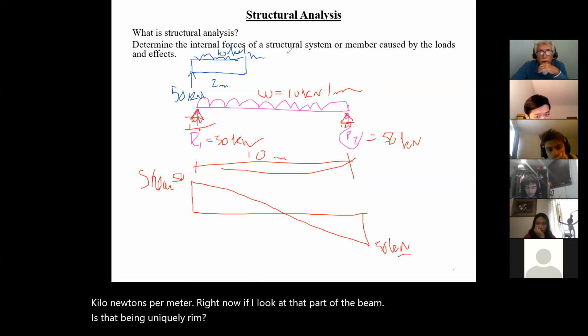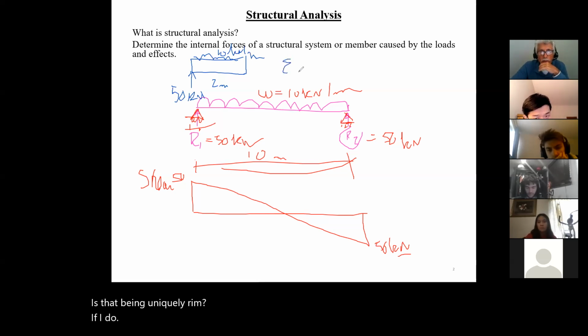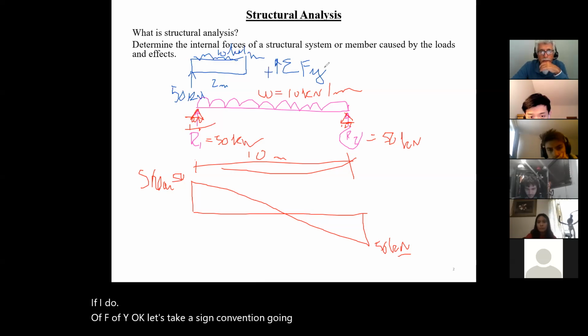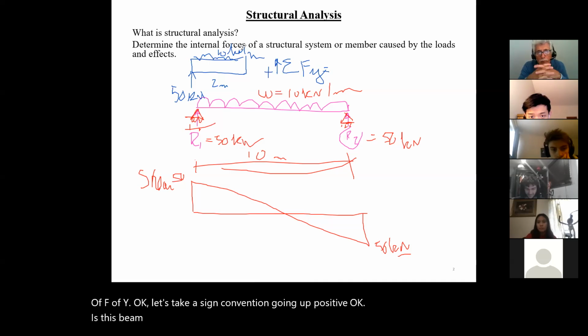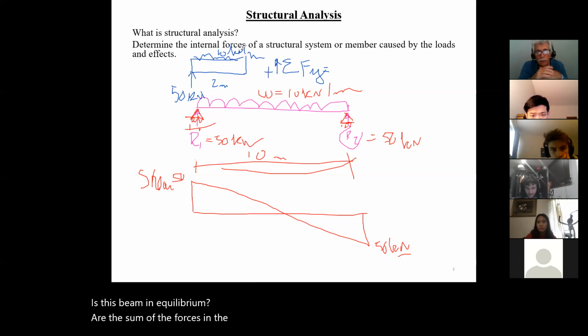If I do sum of Fy, let's take a sign convention going up, positive. Is this beam in equilibrium? Are the sum of the forces in the y direction in equilibrium?